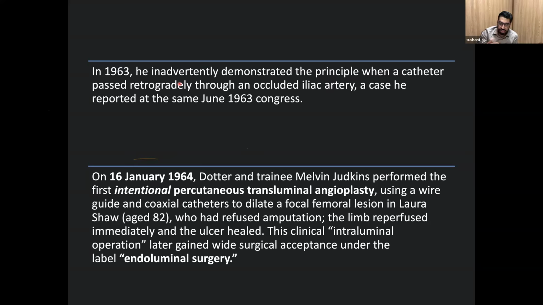So this was an accidental thing, and then on 16 January 1964, Dotter and Judkins performed the first intentional percutaneous transluminal angioplasty on a superficial femoral artery. This was a patient with almost complete narrowing of the superficial femoral artery. He introduced catheters through the superficial femoral artery and did a percutaneous dilatation, and this was known as endoluminal surgery.